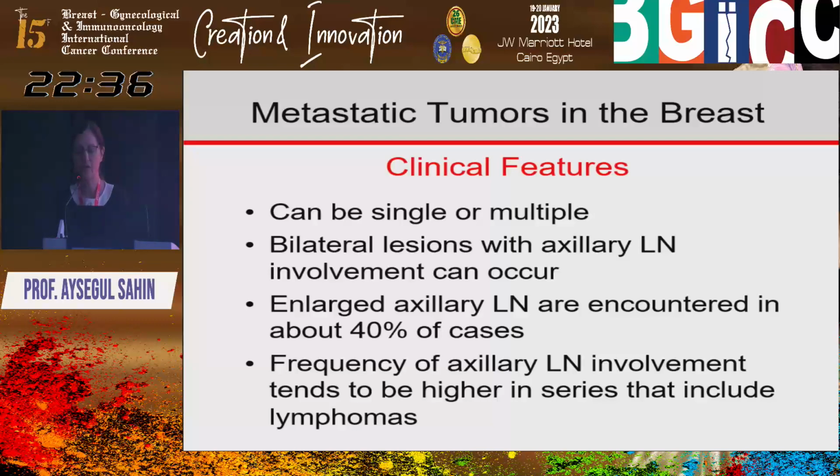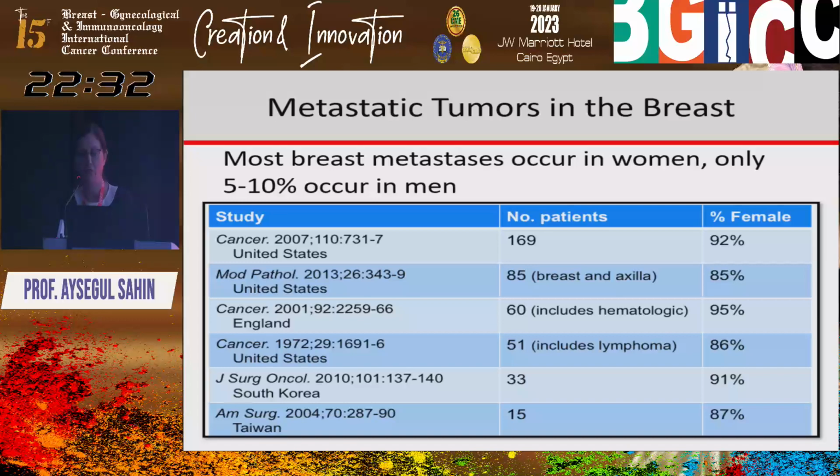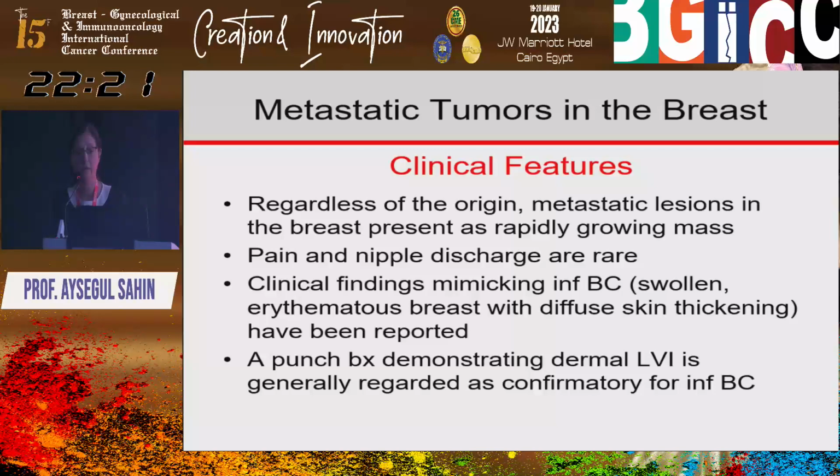The frequency of axillary lymph node involvement is higher in the series that include lymphomas. And this is, again, from our series. It can occur in both females and males, but it is more common in females. Regardless of the origin of the metastatic lesion, they present as a single rapidly growing mass.